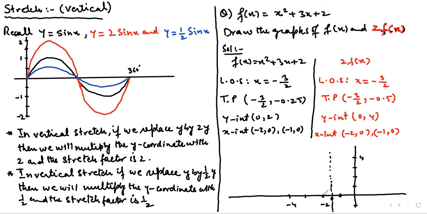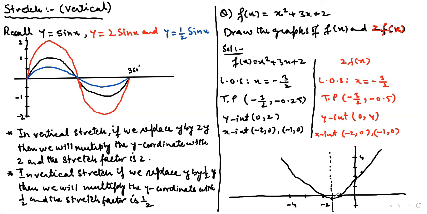X-intercepts are minus 1 and minus 2. Y-intercept is 2. The black curve is this. And the same diagram on the left hand side of the line of symmetry.